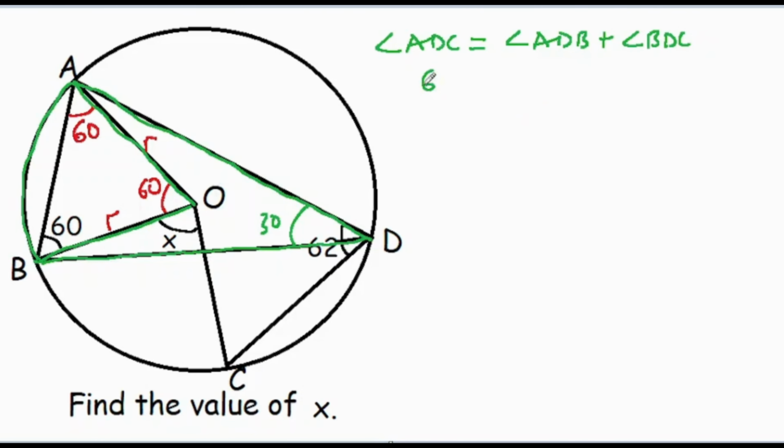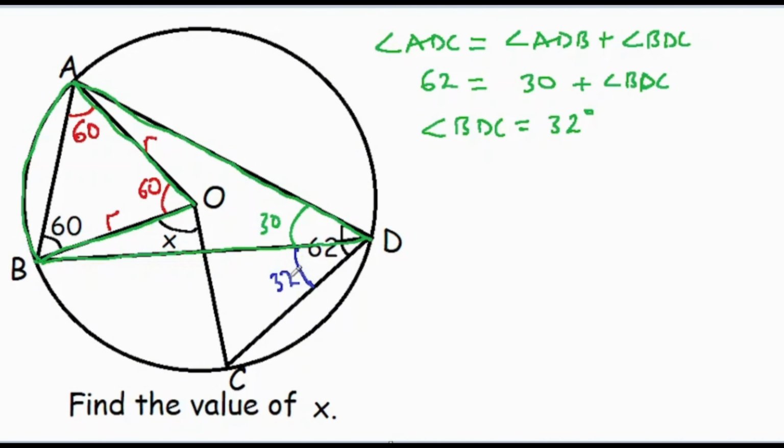That should be 62 degrees. And what's angle ADB? ADB is 30 degrees. And what's angle BDC? We subtract 30 from both sides, and that's going to give us 32 degrees. So this is 32 degrees.